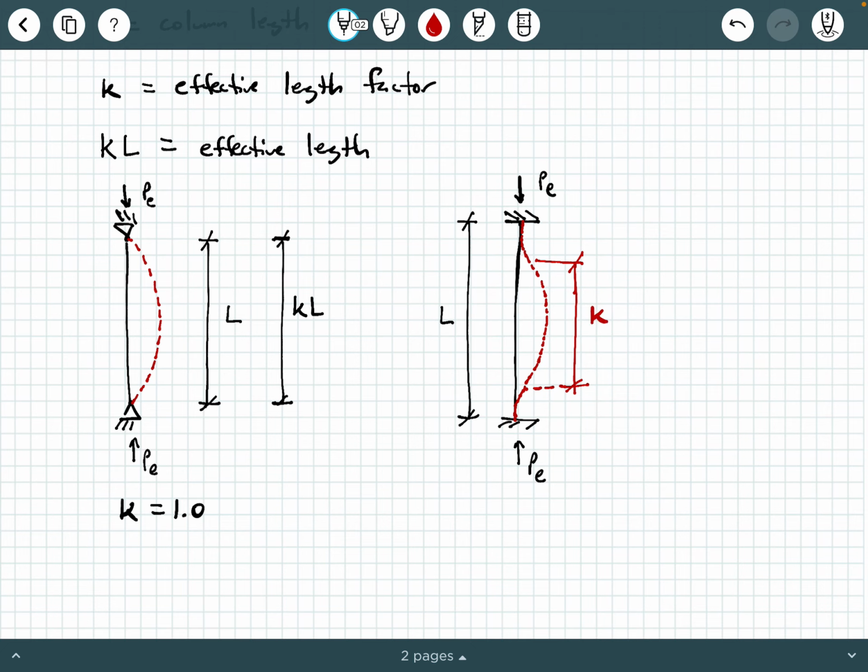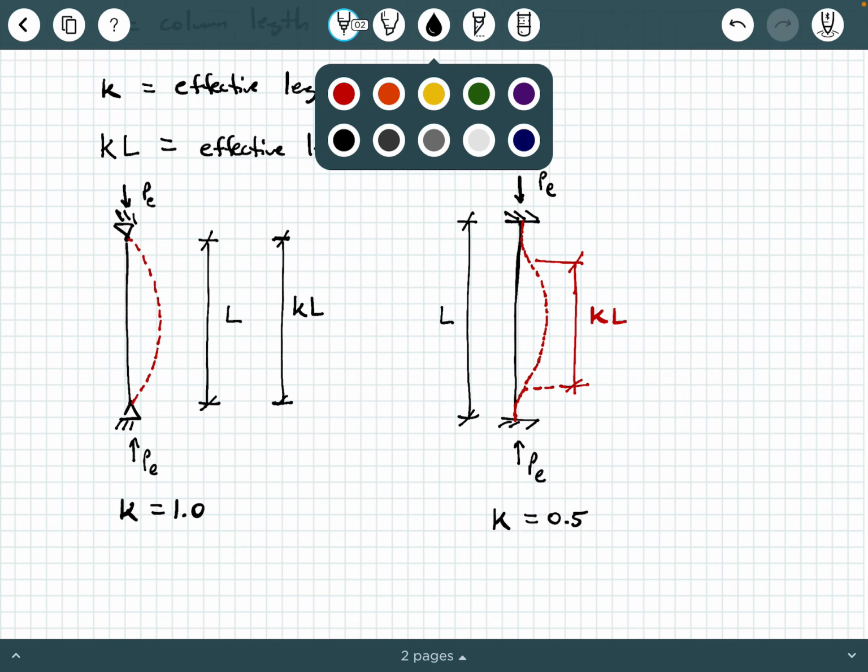So that's KL. So the theoretical K value for a fixed column is going to be equal to 0.5. So theoretically, what we are considering here is that about 50% of the length of that column is bowing out or is buckling. Again, that's one way we can think about that.